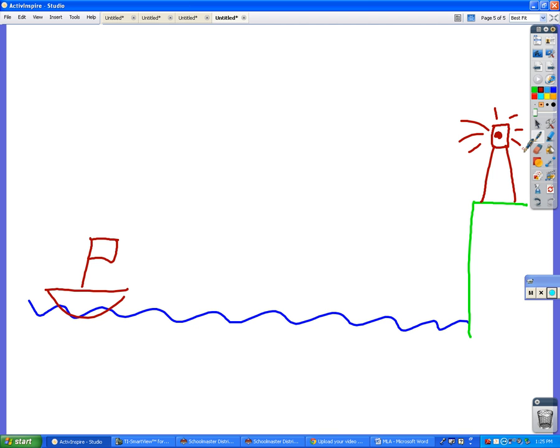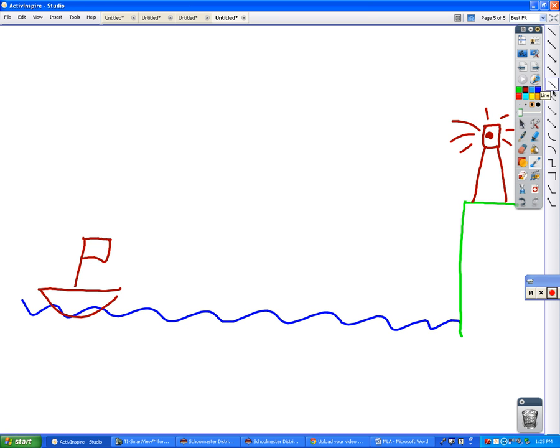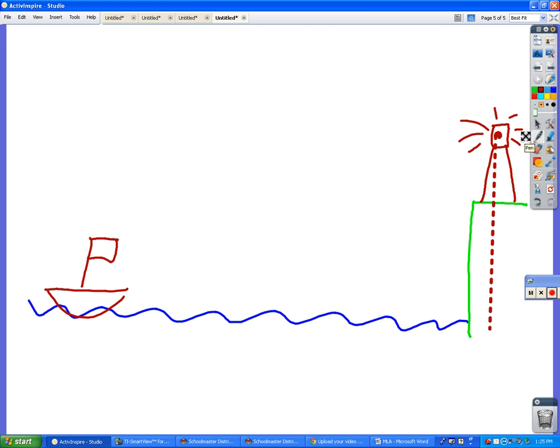Right? So you get out your nautical charts that have lots of different landmarks labeled on there. And you find out, from looking at your charts, that this lighthouse is 121 feet above sea level.